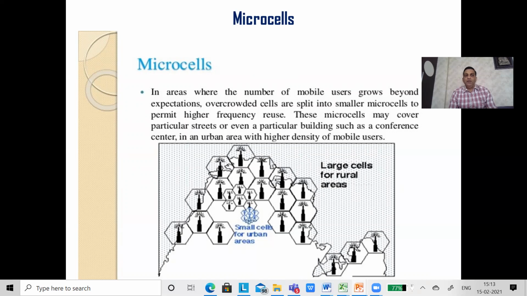So for 20 kilometers, it will be 10 kilometers for microcells. For 40 kilometers, it will be 20 kilometers for microcells. Again, if you want to divide the microcells into subcells, small cells, that is possible by reducing the size of the radius by half.